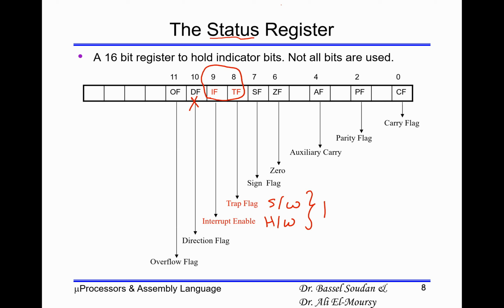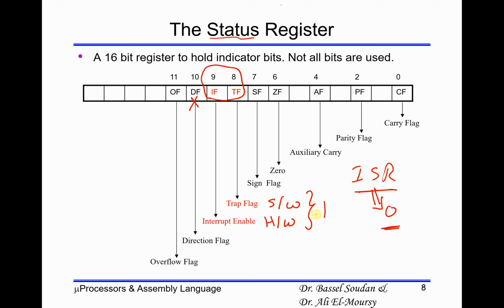The default values for IF and TF are ones. However, if the microprocessor is currently executing some interrupt service routine, those flags should be set to 0 in order to prevent any other interrupt from interrupting the microprocessor while it is executing.